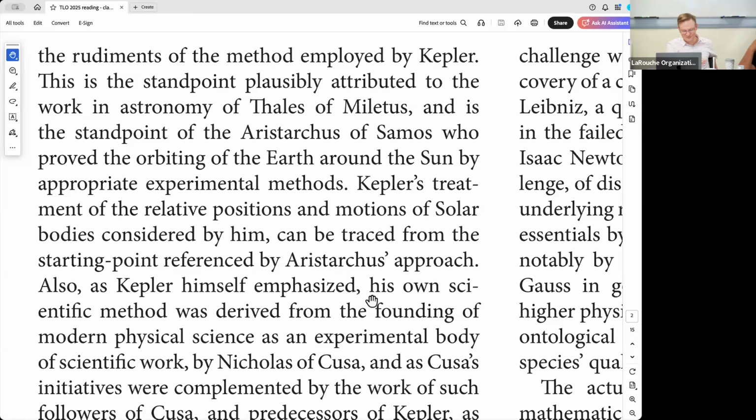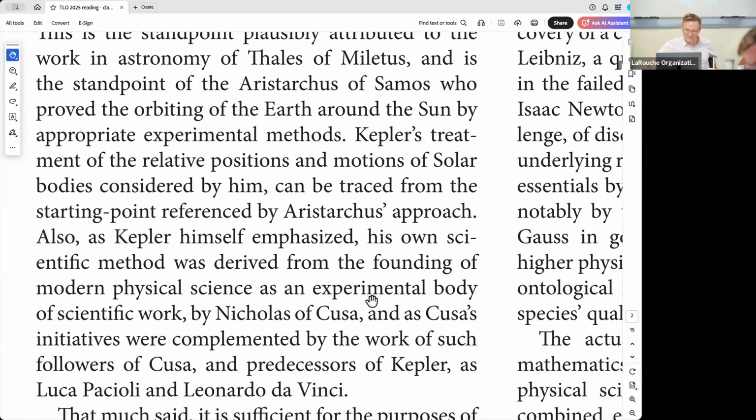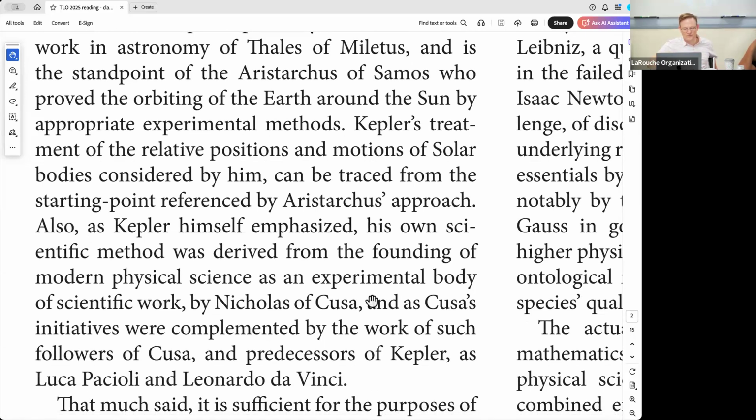Also, as Kepler himself emphasized, his own scientific method was derived from the founding of modern physical science as an experimental body of scientific work by Nicholas of Cusa, and as Cusa's initiatives were complemented by the work of such followers of Cusa and predecessors of Kepler as Luca Pacioli and Leonardo da Vinci.